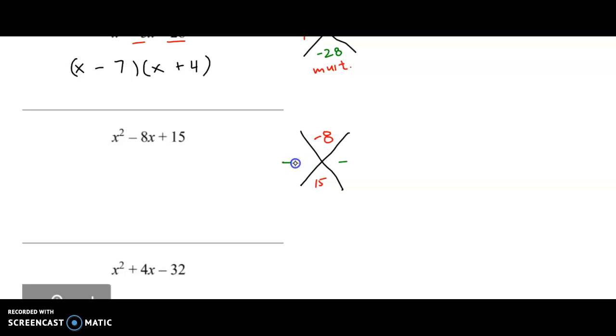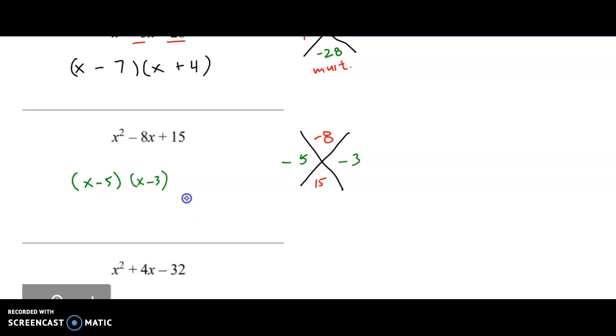Because a negative times a negative is positive, and a negative added to a negative is still a negative. And so this is going to be negative 5 and negative 3. So my factors here are x minus 5 and x minus 3.